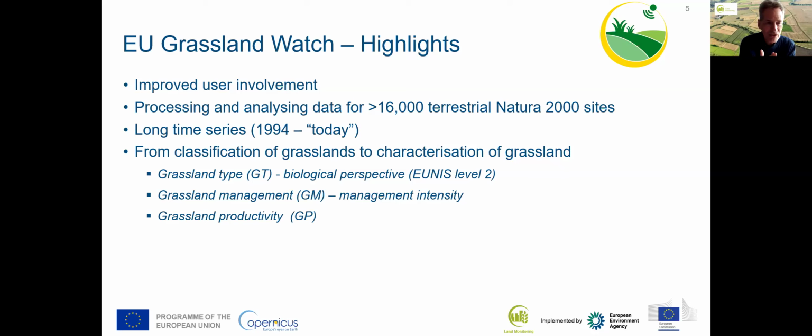So we try to tell what is the grassland type that we are looking at, more from the biological perspective, and here we go to EUNIS level 2 classes. Then we try to find out what is actually the management intensity on those sites. Are they being plowed? Are they being mowed? And the last one is the grassland productivity that we are looking at.